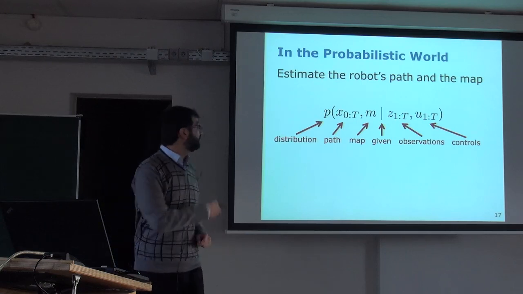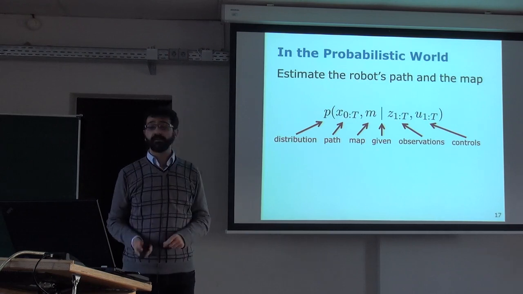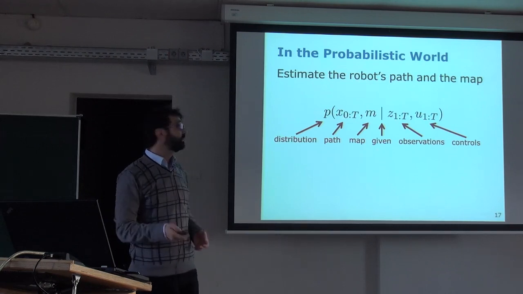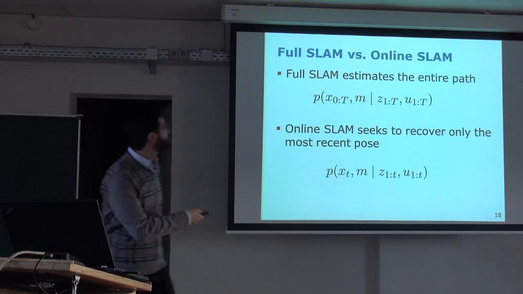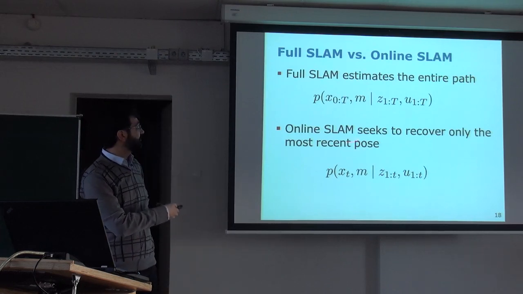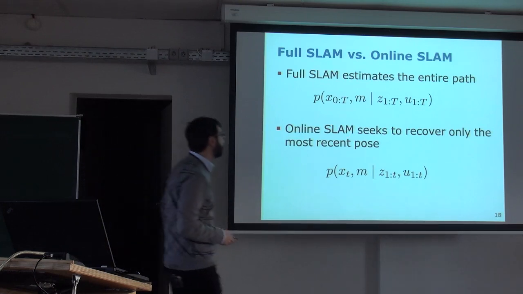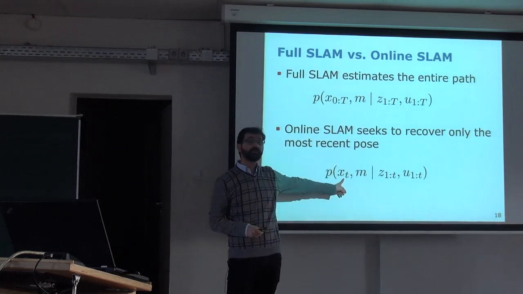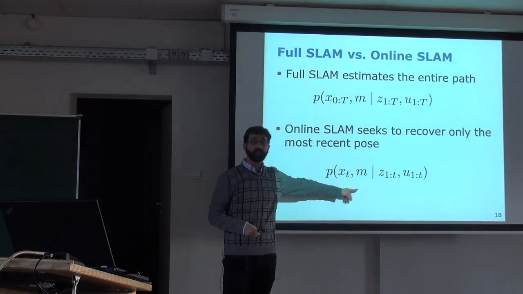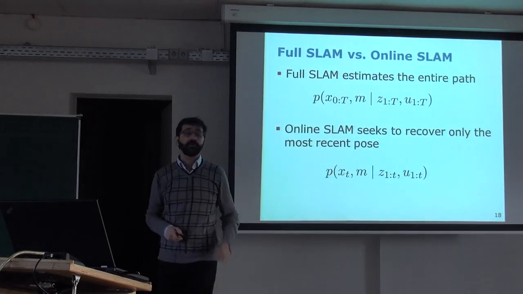This here is what is also called the full SLAM problem. There are also some variants. Another variant is called online SLAM. The idea of online SLAM is that you're only interested in the current pose of the robot and the map, but you don't care where the robot was in the past.